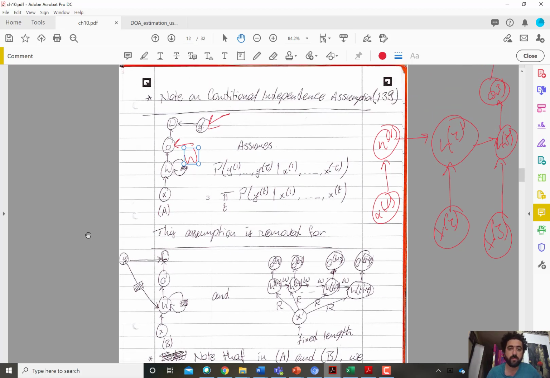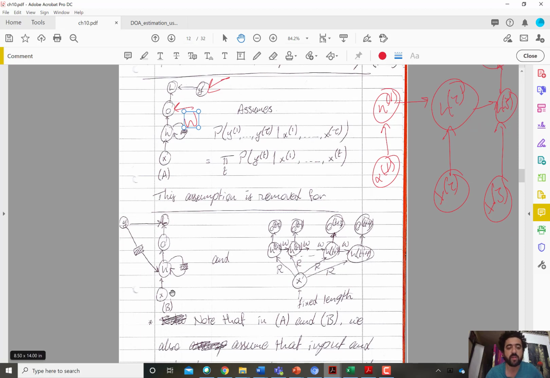So the assumptions imposed when you use a network like this: stationarity of the state-to-state transition process, causality, conditional independence of the output given the input, right?